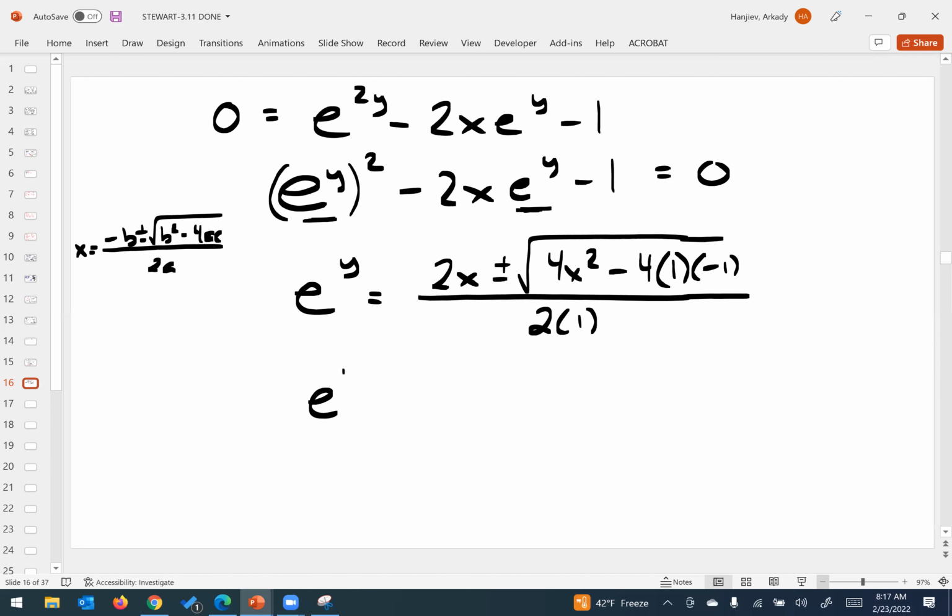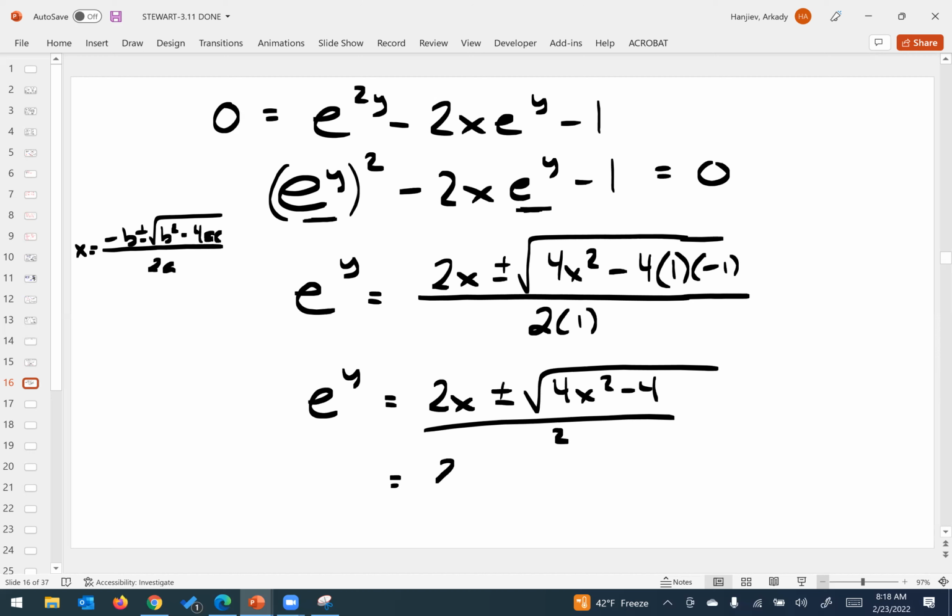Okay, so if I got this right, I have myself a 2x plus or minus. Ooh, guys, check this out. There's a 4 inside here, isn't it? So actually, I can pull out a 2 out of the square root. Leaves me with square root. Oh, it's a plus 1, right? It's plus right here. Sorry, guys, to make sure. Plus 1 over 2. And what can I do with the 2's?